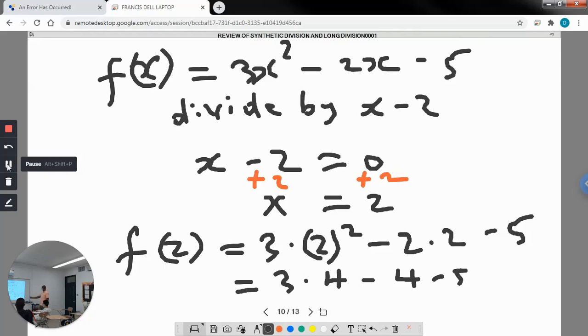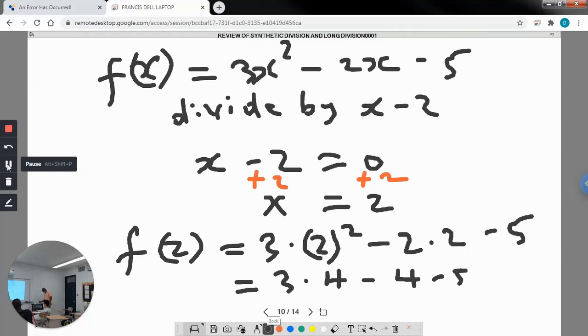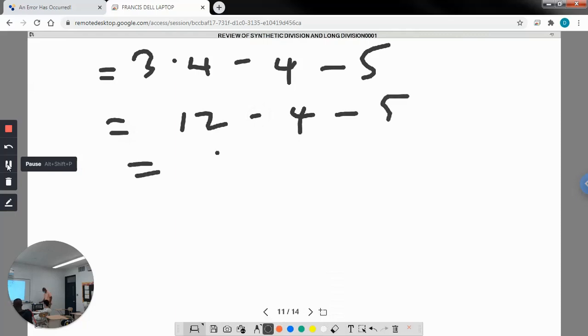And 2 times 2 here gives 4, and minus 5. So it's 3 times 4 minus 4. What was that? Plus 5 or minus 5? Minus 5. That's going to give us 12 minus 4, minus 5.